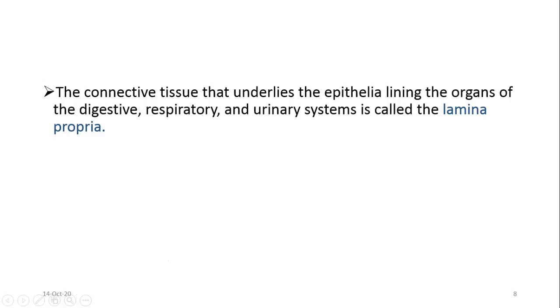The connective tissue that underlies the epithelia lining the organs of the digestive, respiratory, and urinary systems is called the lamina propria.